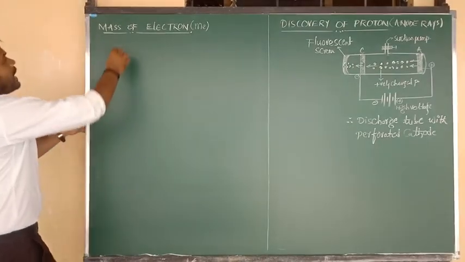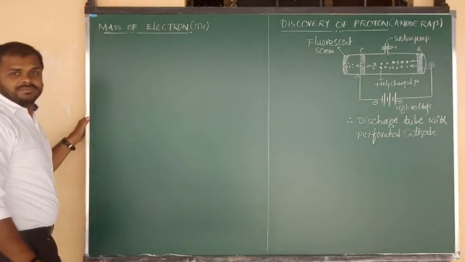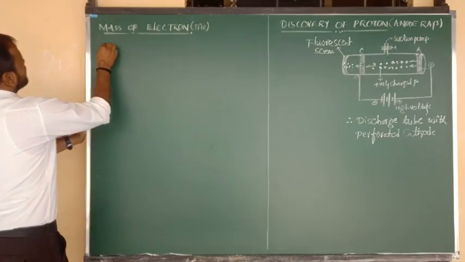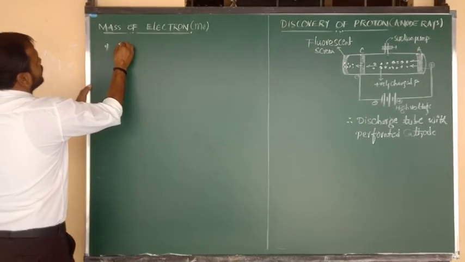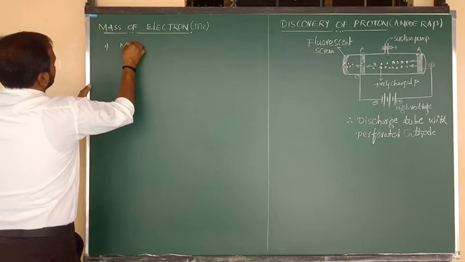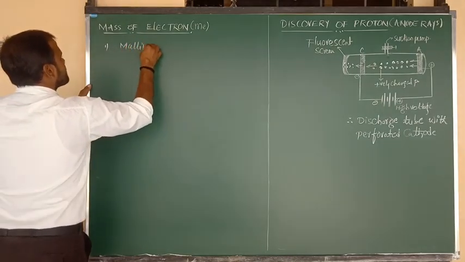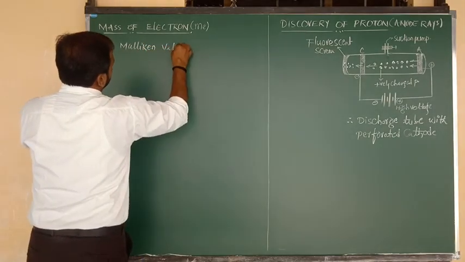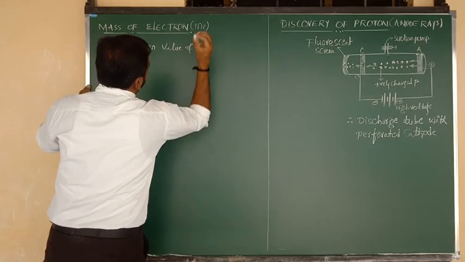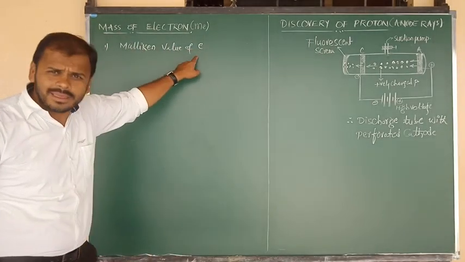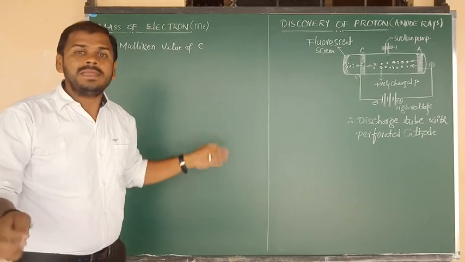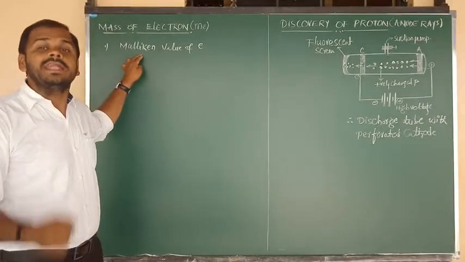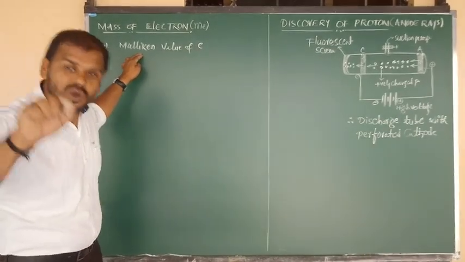Yes, mass of the electron we can calculate mainly by using two values. Number one is Millikan's value of e. Sir, what is meant by e? e means the charge of the electron, beta. We know very well Robert Millikan determined the value of charge of the electron.